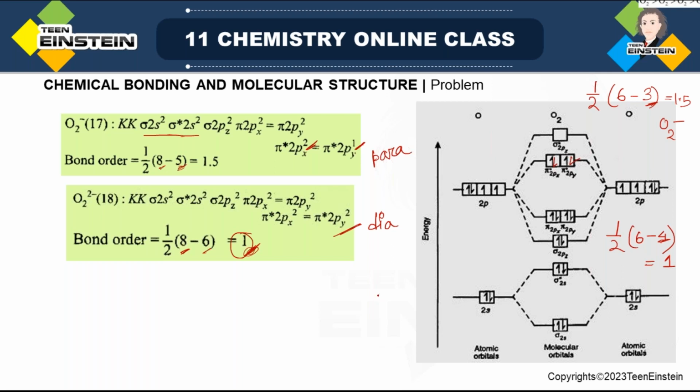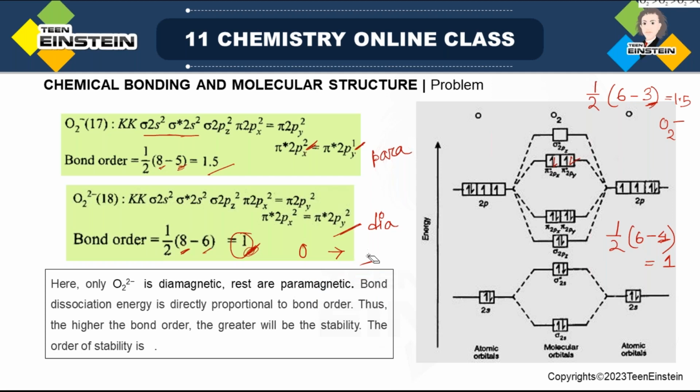And if we check the bond order, for O2 it is 2, for O2 plus it is 2.5, for O2 minus it is 1.5, and for O2 2 minus it is 1. So the maximum bond order we have obtained is in the case of O2 plus. After that it is the neutral species, the original species. After that it is O2 minus, and finally we have O2 2 minus.